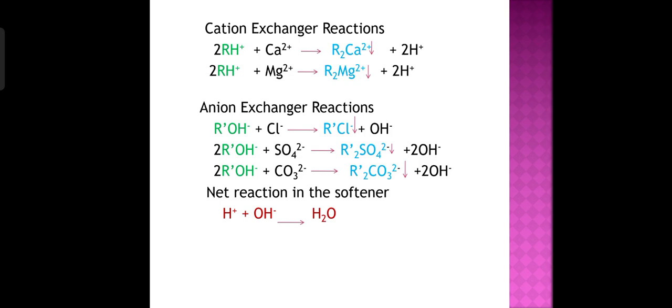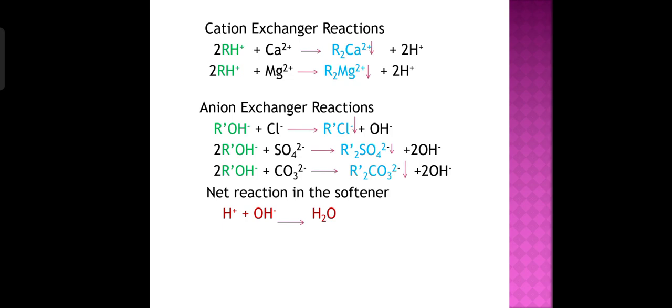Similarly, the next anionic impurity is SO4 2 minus, which will again be trapped as R2 SO4 2 minus, releasing OH ions. The third anionic impurity, CO3 2 minus, will be trapped as R2 CO3 2 minus, releasing OH ions.